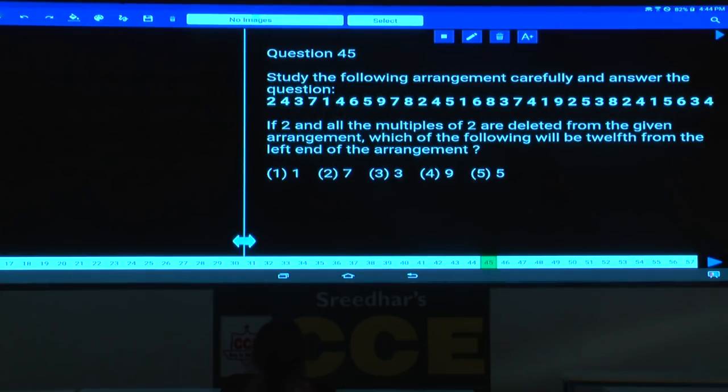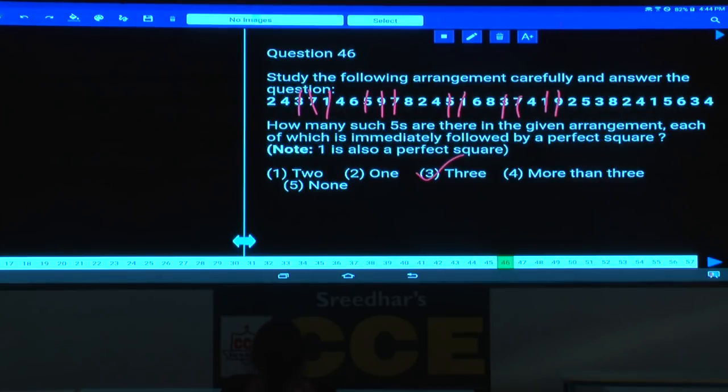Now let us count only the odd digits here. 1, 2, 3, 4, 5, 6. Next one 7, 8, 9, 10, 11. And what is the 12th one here? The 12th from the left hand is 9. 9, that is given with choice, 9, that is choice 4. Question number 45, choice 4.